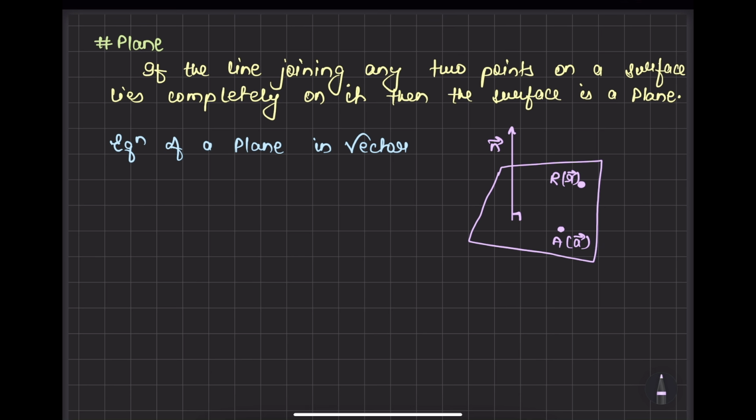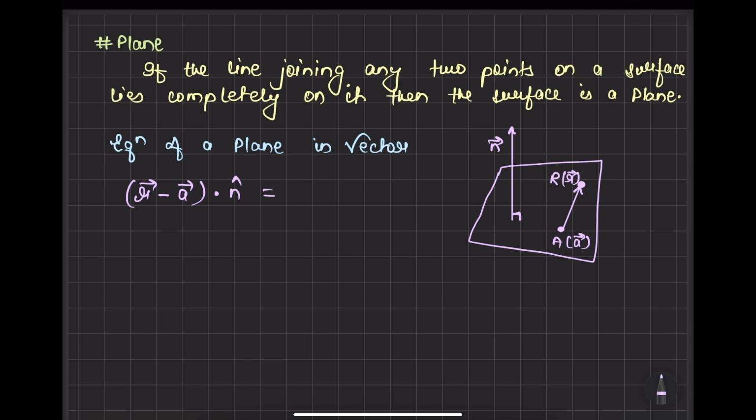Using these 2 points, can you create a vector? Yes, we can write R minus A, meaning final minus initial. Using these 2 points, we have created a vector, and as this vector is perpendicular to the normal, we go with the dot product.